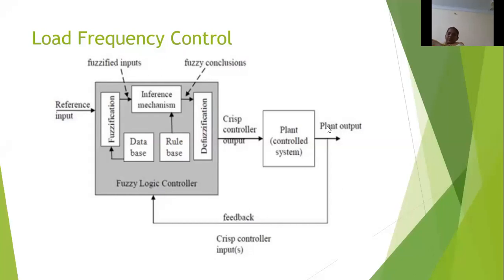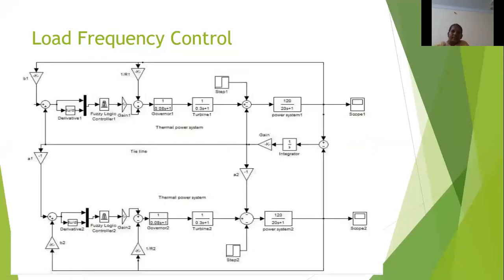So that crisp controller output is fed as input to your process or plant, which will give you the desired plant output. Okay. So here, let us see some of the parameters.